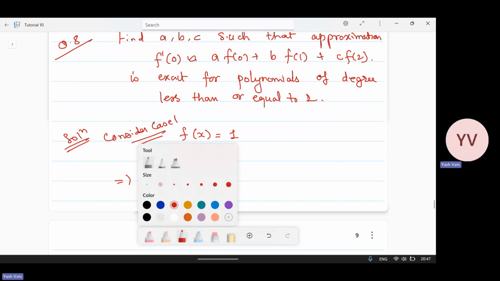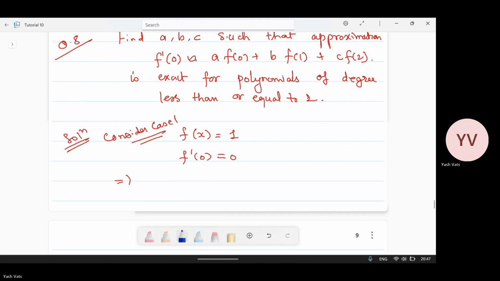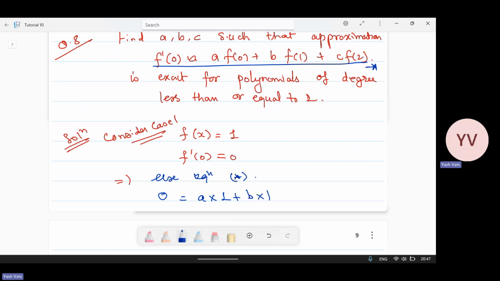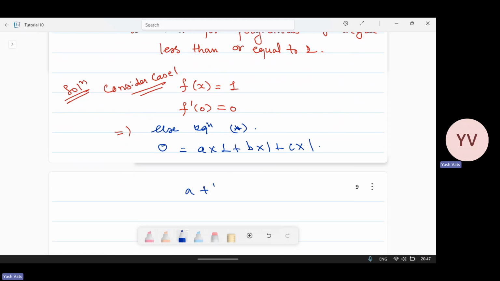Use equation star. Then you get 0 is a into 1 plus b into 1 plus c into 1. So a plus b plus c is 0.